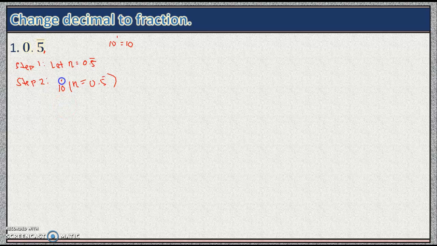So 10 times n is 10n. Just copy the equal sign. Then 10 times 0.5555 is 5.5555 with bar above, or you just move the decimal point one place to the right.